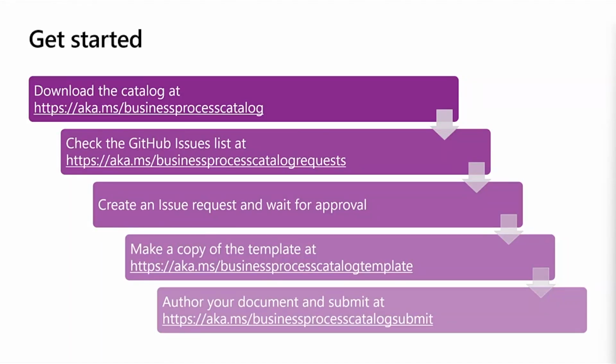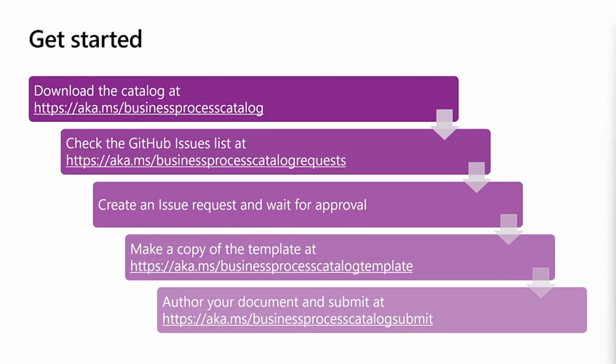If the pattern you want to author doesn't exist in the spreadsheet, then you need to go back to the demonstration that I just did a few minutes ago and put in a request to have that pattern added first. Once the pattern is added, then you can go ahead and create the request. You're going to check the GitHub issue list to make sure somebody else is not already authoring that. You'll create that issue request, which I'll walk you through, and wait for approval.